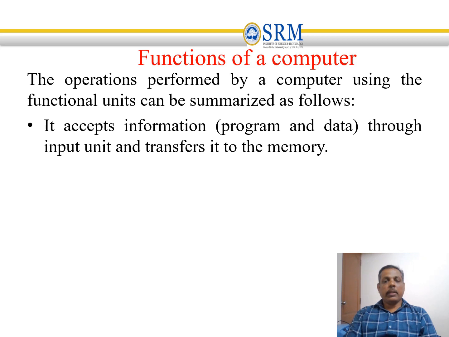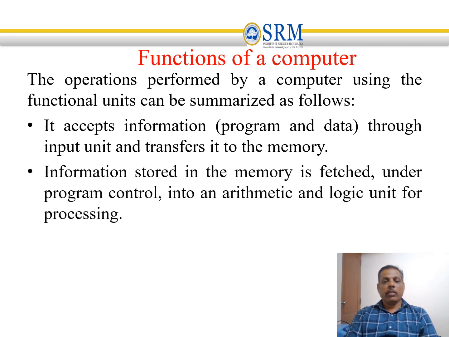The operation performed by the computer using the functional units is as follows: it accepts the information from the input unit and transfers it to the memory, and information stored in the memory is fetched under program control into the arithmetic and logic unit for the purpose of processing.